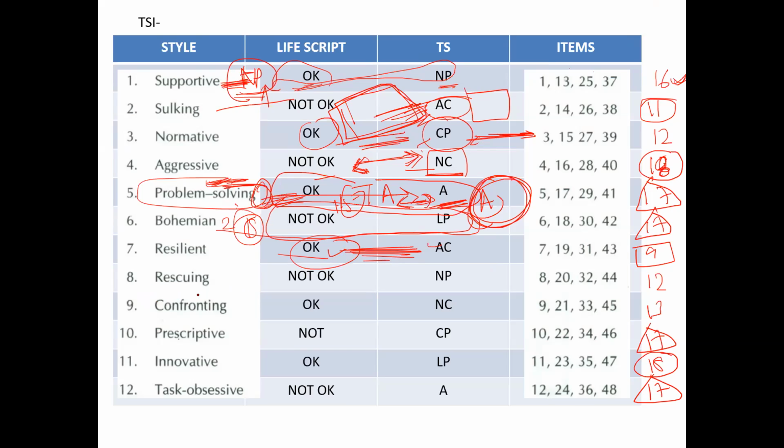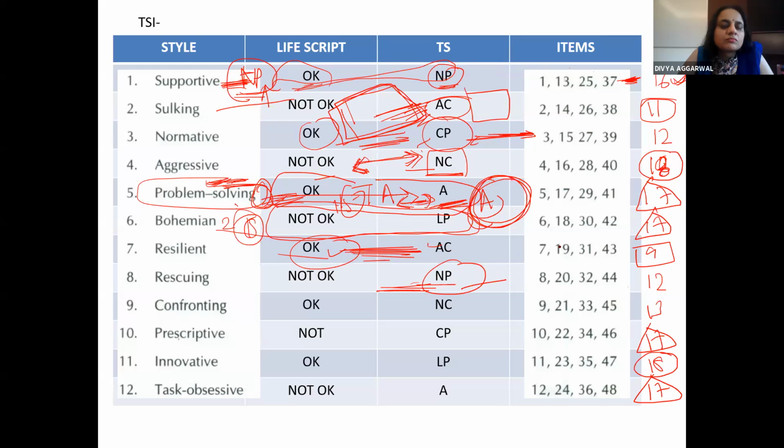Now comes the bad news. Some of you would be very high on this parameter. If this parameter is high and this one is also high, you are a pure nurturing parent, okay and not okay. This not okay nurturing parent is not good news because you are too supportive, too nurturing.